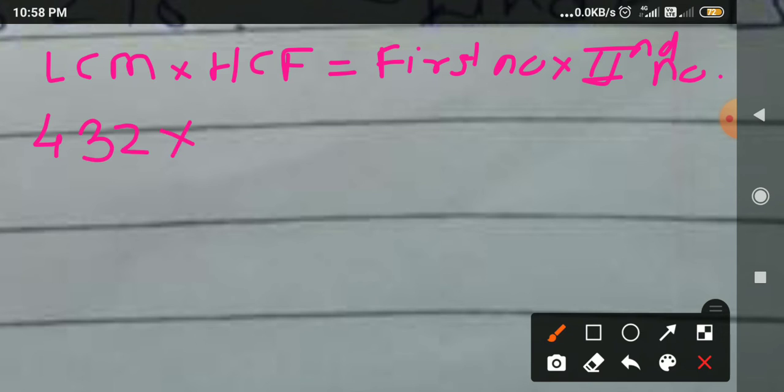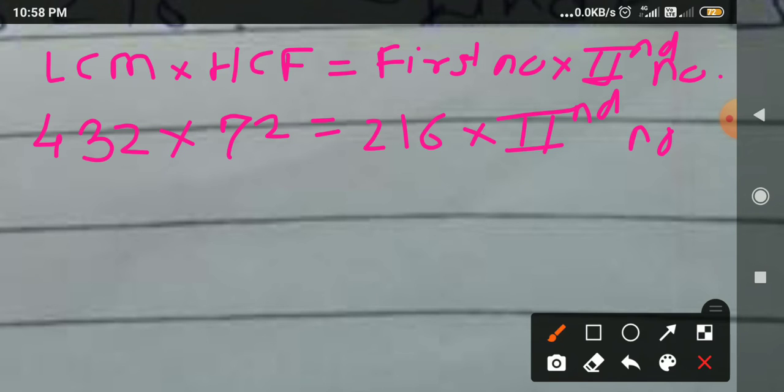So here, LCM is 432 into HCF 72. One of the two numbers they gave you is 216. We will take that 216 as the first number, and we have to find the second number.